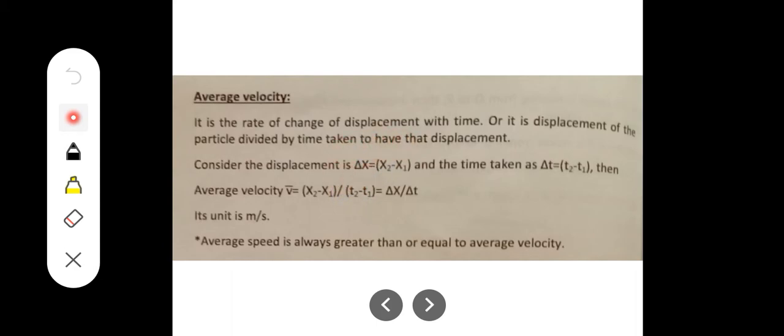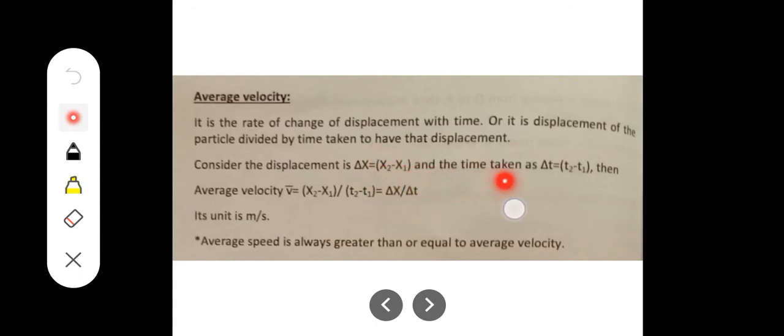So delta x equals x2 minus x1, where x2 is the final position and x1 is the initial position. If you take the difference between those two, you get the displacement, the change in position. You know this equation, right?